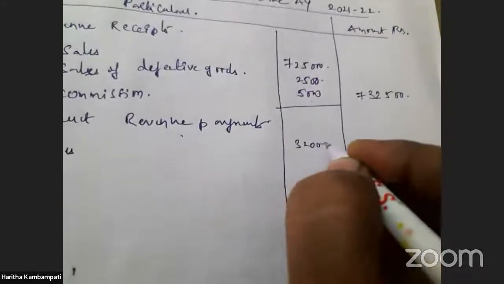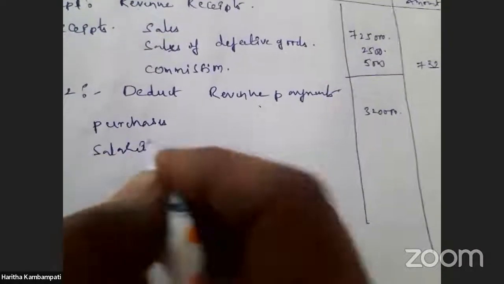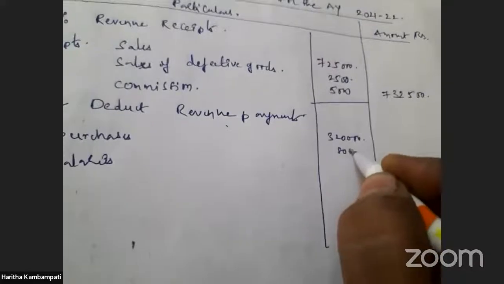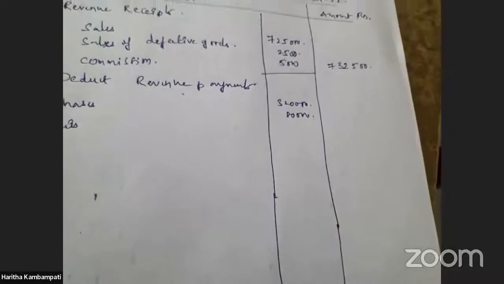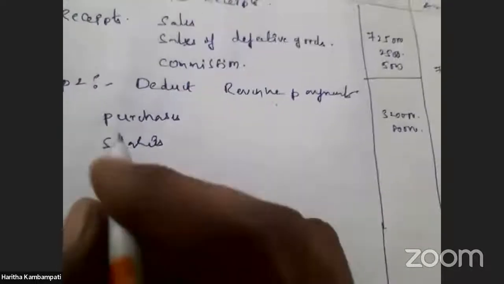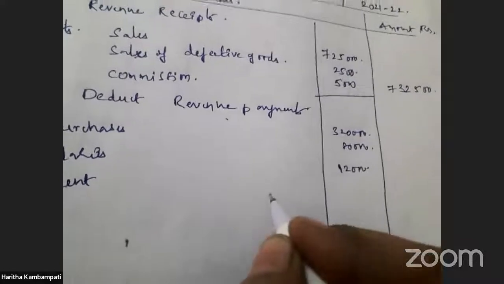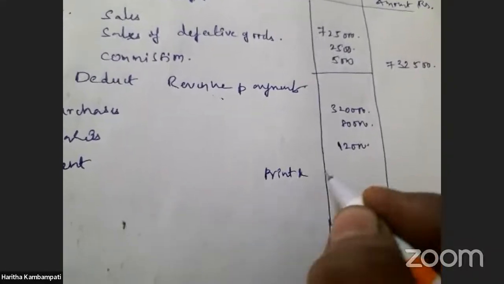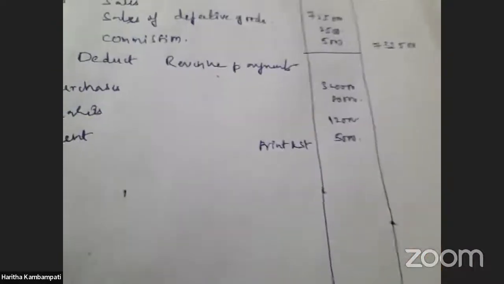If you have taken that snapshot, you can observe each and every item. If you are getting any doubt, you can ask me. Salaries, let me extend this account statement. Rent, 12,000. Printing and stationery, 5,000.